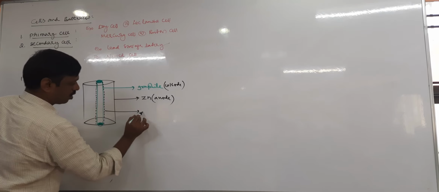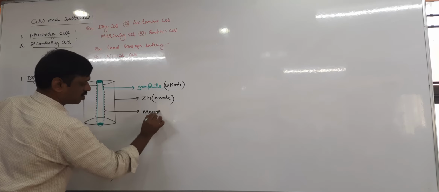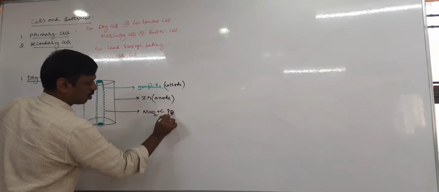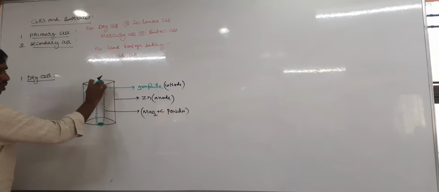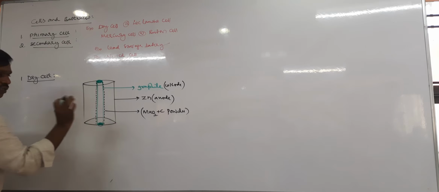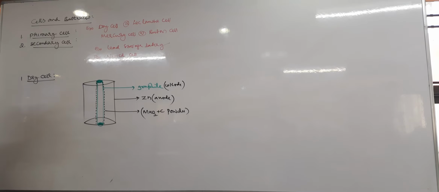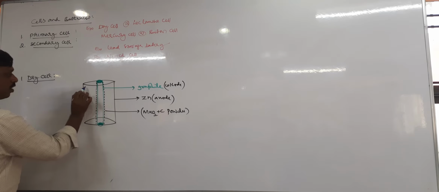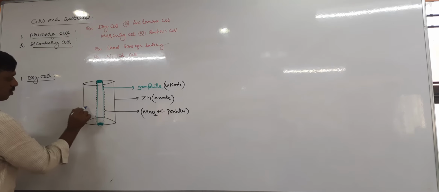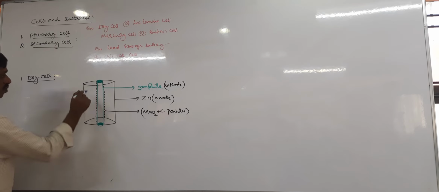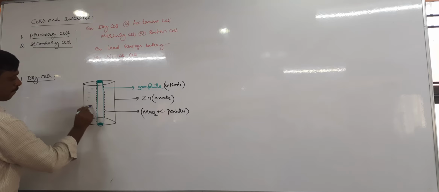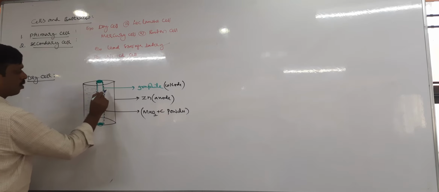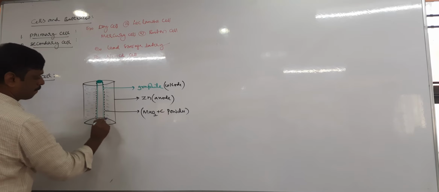This is MnO2 plus carbon powder. Okay, then this graphite rod is surrounded by these two. Next, in between cathode and anode there is an electrolyte filled here.